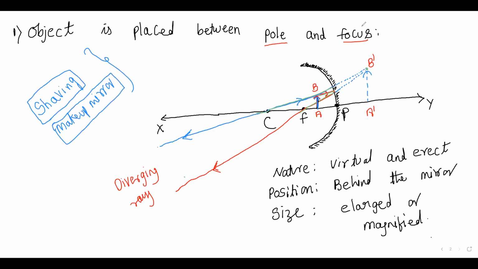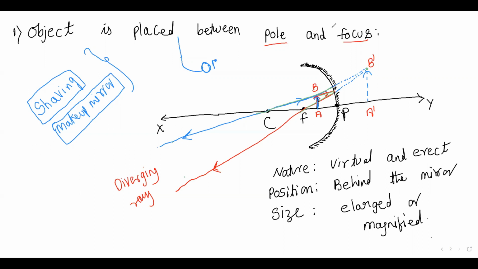Moreover, if you have visited a dentist, he will use this position. So the dentist will use a concave mirror, a long handle concave mirror. He will keep the concave mirror very near to your tooth.